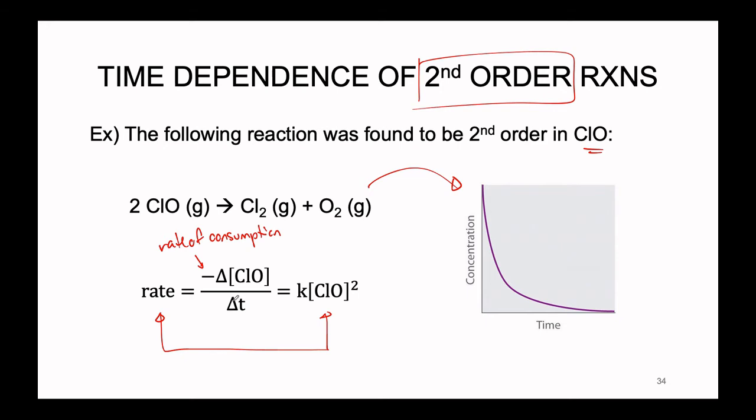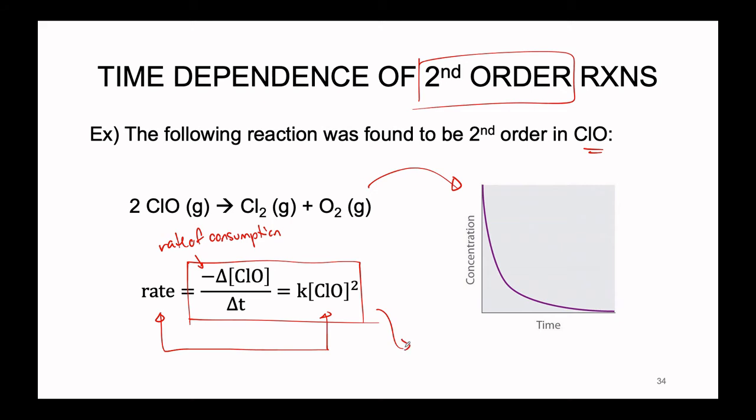Now, just like the process with which we solved for the first order integrated rate law, we're going to set these two right-hand sides, the middle and the right of our equation, equal to each other. So the rate of consumption and the rate law expression, we are going to set equal to each other.